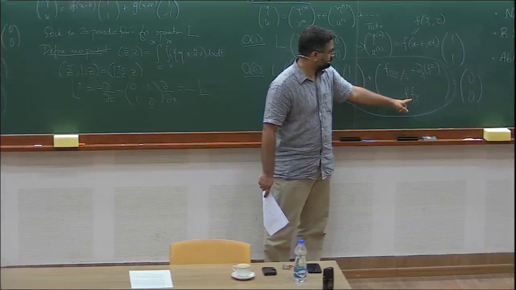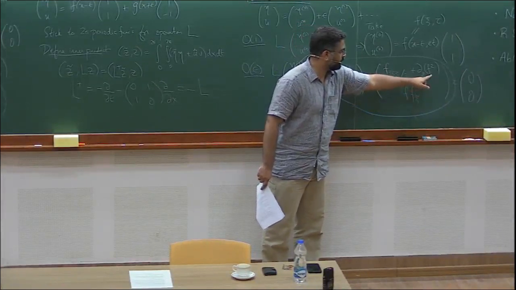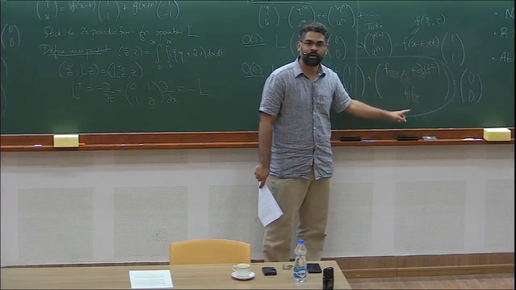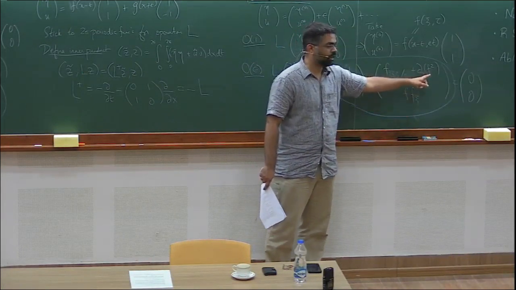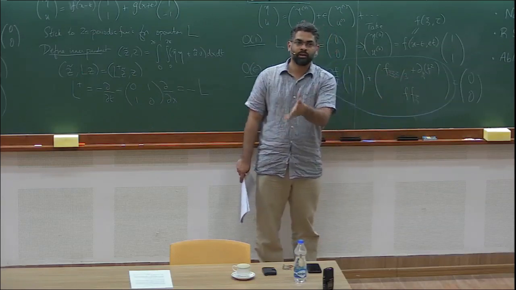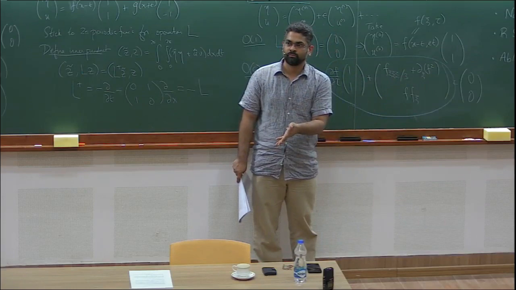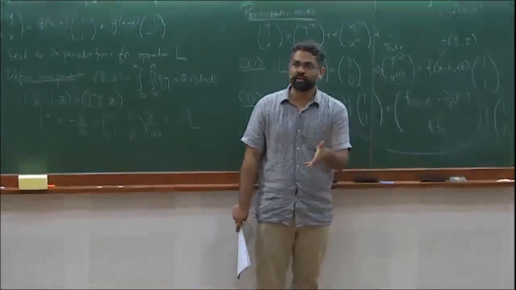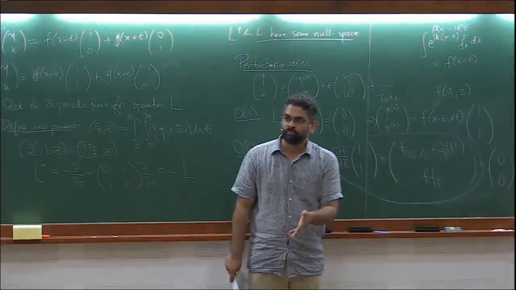So if you keep this in the first component, keep that in the second component, both have an f prime. You'll get a 2 and a 1 there. The vector 2, 1 has a component in the direction 1, 1. Similarly, the vector 1, 0 has a component in the direction 1, 1.